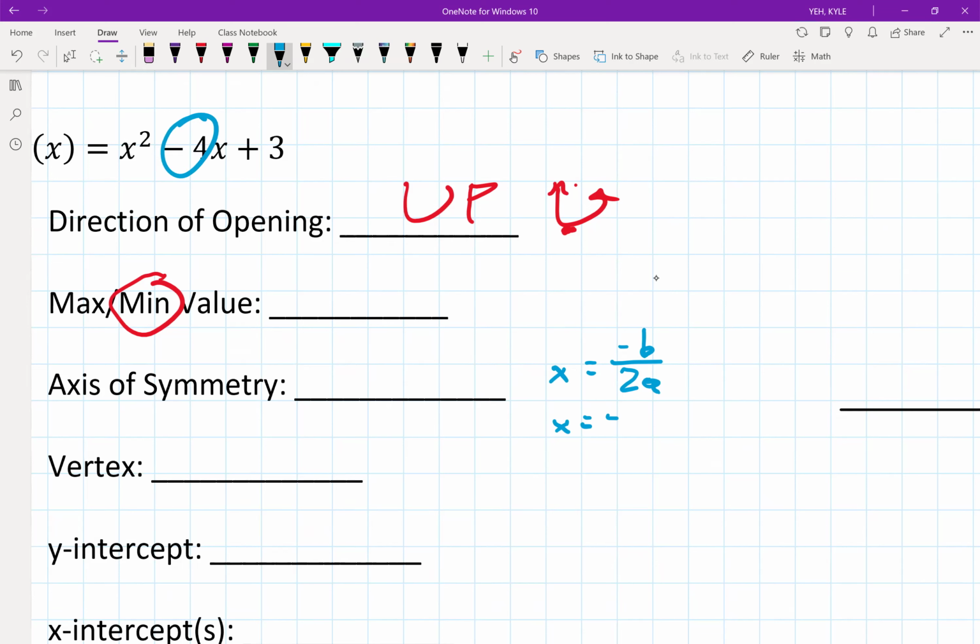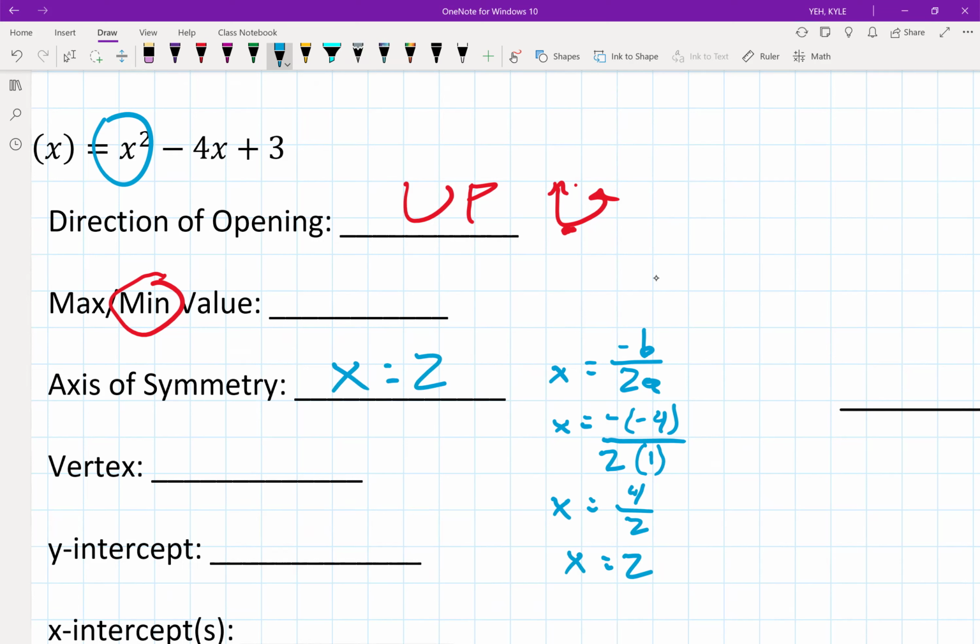B value is negative 4, so we get negative negative 4 over 2, and what was my a value? Positive 1 x squareds, so a is 1. So that means that x equals negative negative 4 is positive 4, 2 times 1 on bottom is 2. My axis of symmetry is the line x equals 2.